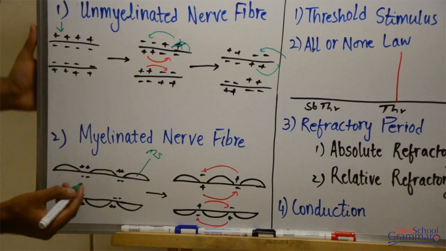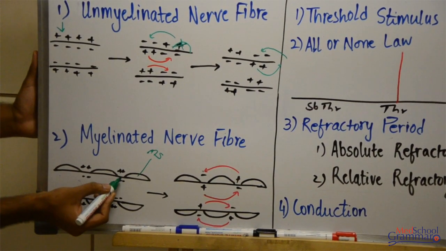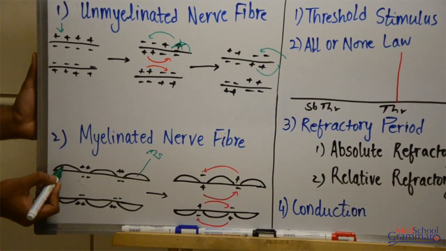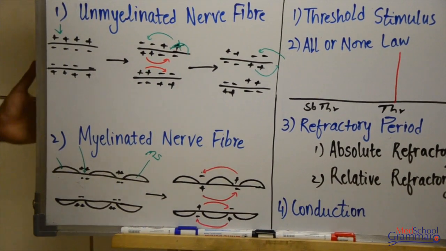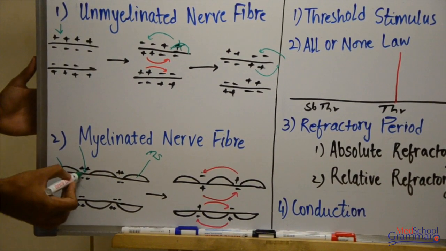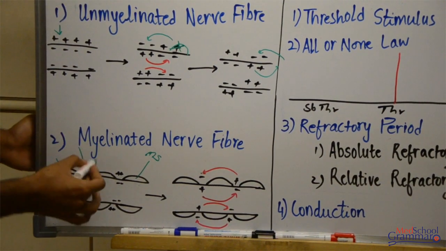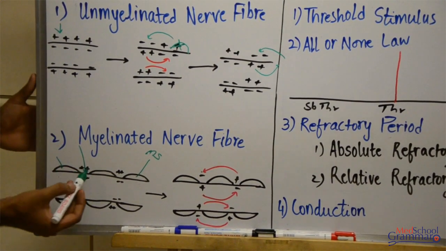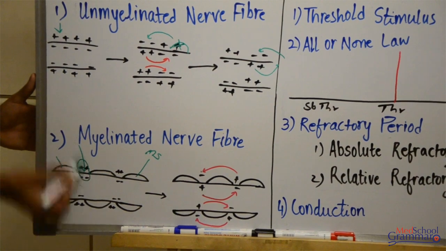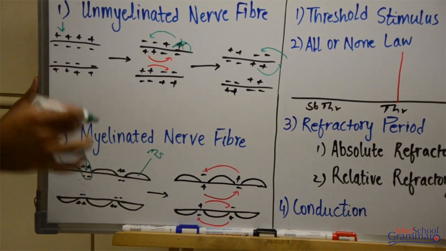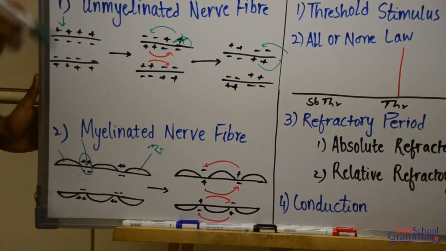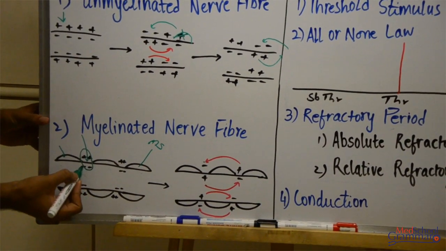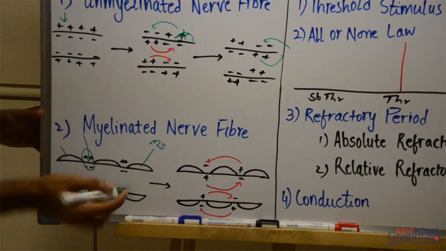So the myelin sheath has certain gaps in between, and these gaps are known as nodes of Ranvier. The node of Ranvier is very rich in ion channels. At rest, the insides are negative and the outsides are positive.